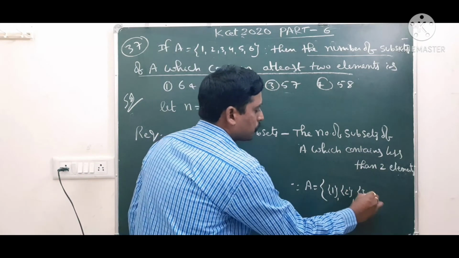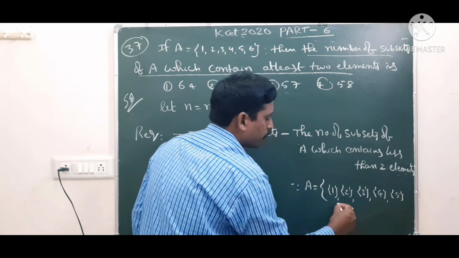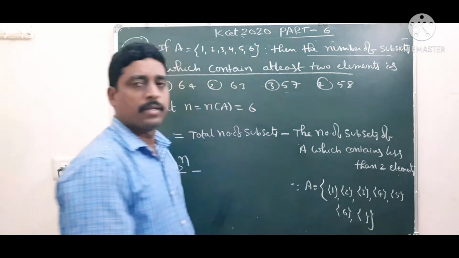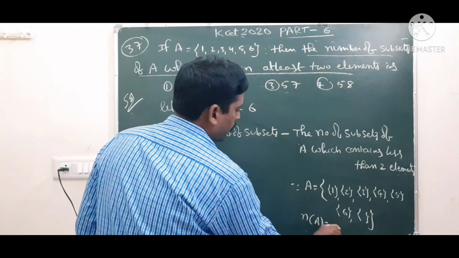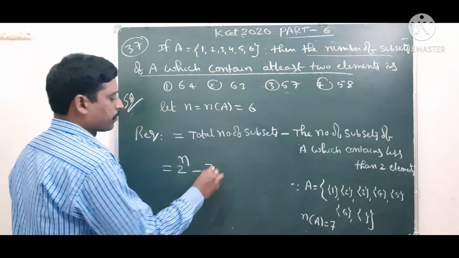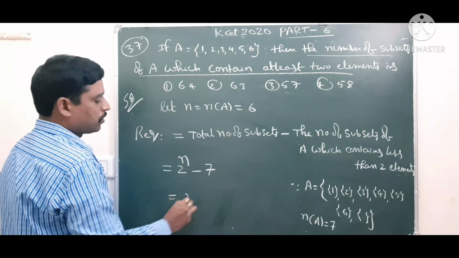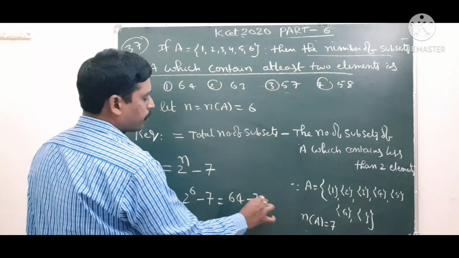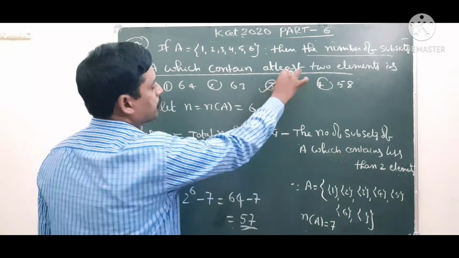Singleton sets 1, 2, 3, 4, 5, 6 and the empty set. Therefore, the number is 7. So minus 7, where n value is 6. This is equal to 2 power 6 minus 7, which is 64 minus 7, equal to 57. Option 3 is correct.